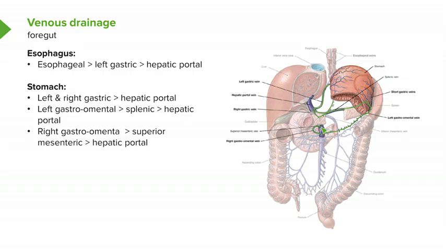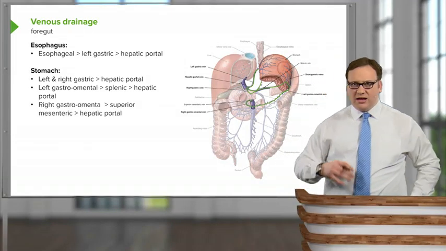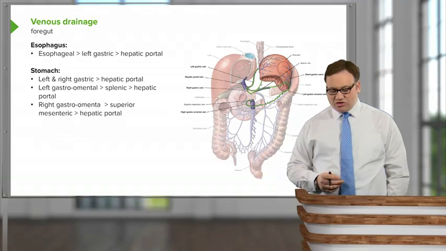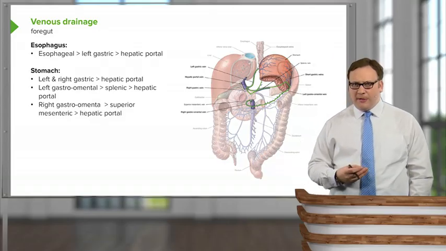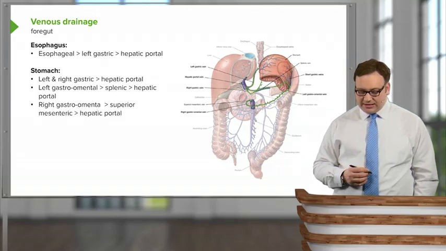The right gastroomental vein may well pass to the superior mesenteric vein, which we can see running around in this direction, but then ultimately passing into the hepatic portal vein. So there is considerable variation, and this detail on the side of the screen is really just an indication of the most likely route. But ultimately, this blood passes back to the hepatic portal vein.